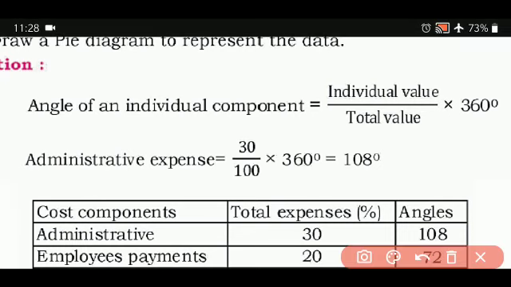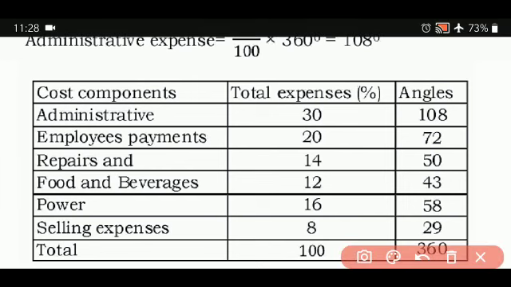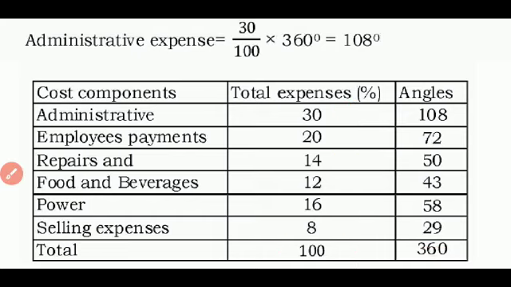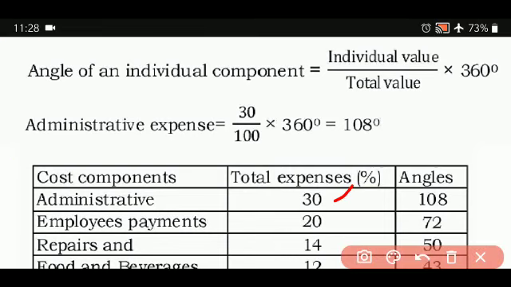Now, individual value means these are your individual values: 30, 20, 14, 12, 16, 8. Total value is 100. Then for this, one sample they have given here, how it is being calculated. First value 30, then the total is 100. You have to convert them into degrees. You are going to multiply into 360 degrees. You get the perfect answer, you write it as 108 degrees.